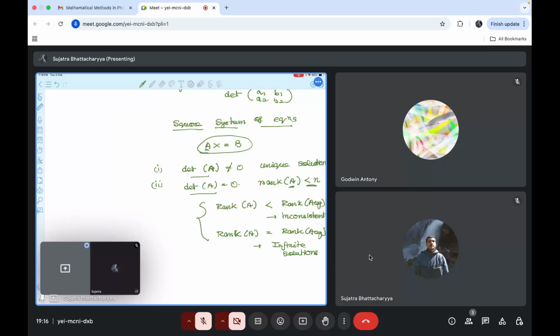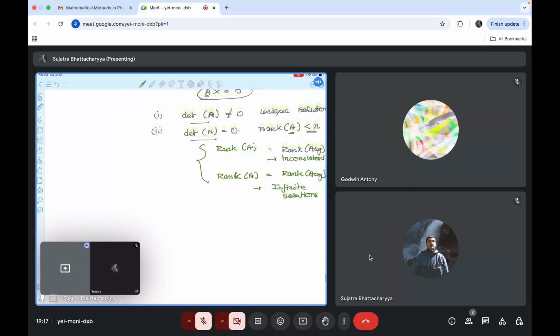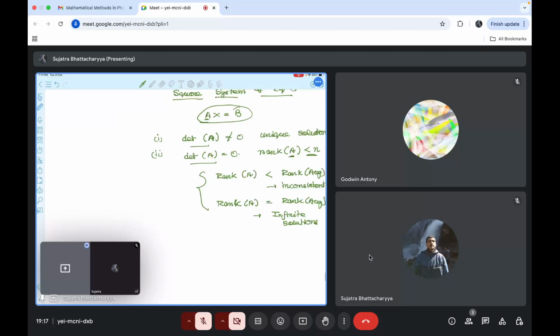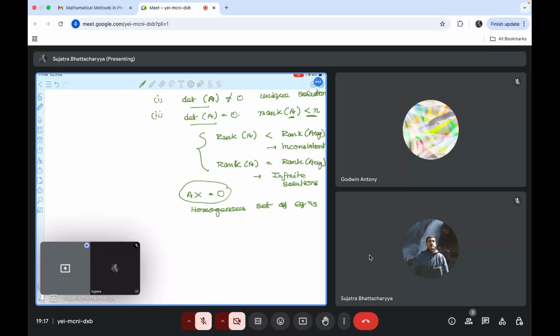Fine. And sometimes you might also have that this B is equal to 0. So something like Ax is equal to 0. We call this a homogeneous system of equations. So that is your B is equal to 0.